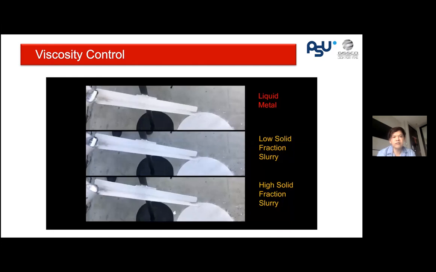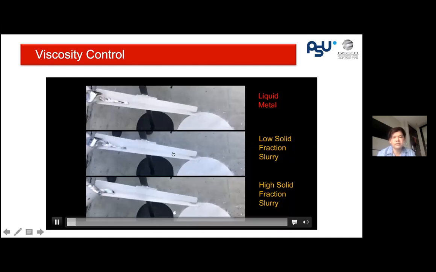And this is a good video. The top one is liquid, and then we have some solid fraction in the middle and higher solid fraction. You can see that all of them can flow well, but liquid flows faster. And you can see the wave on the top. Because of the viscosity, it has more turbulent flow.